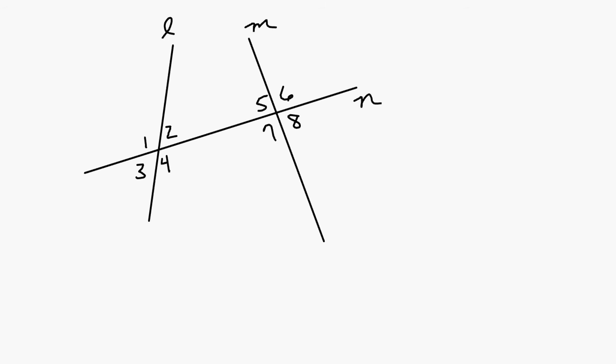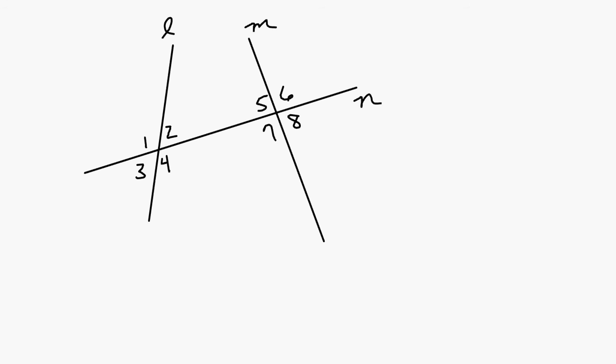So what's a pair of alternate interior in this case? 2 and 7. Good. What else? 4 and 5. Alternate exterior: 1 and 8 and 3 and 6. Good. Everybody all right with that?